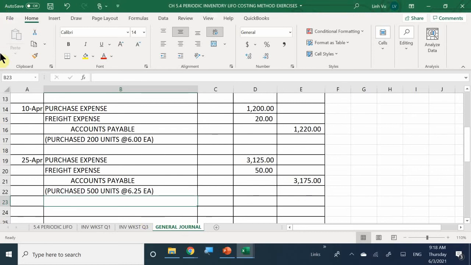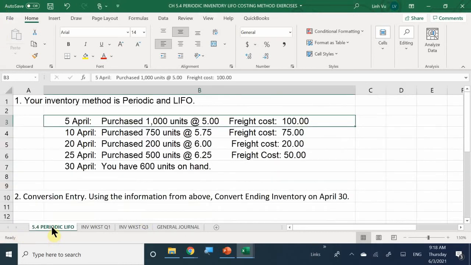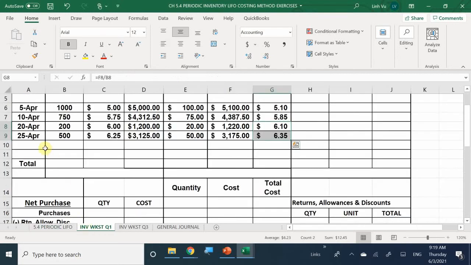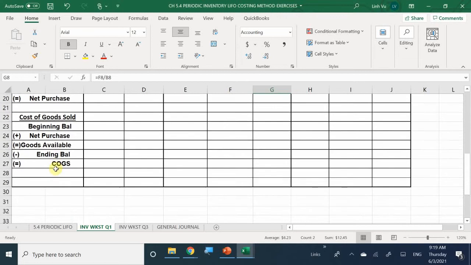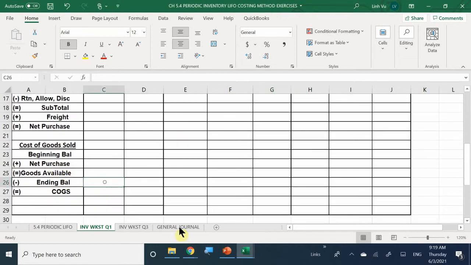So now that we completed that one, let's see what happened on April 30th. We had a total of 600 units on hand. So I'm going to drop down all the way to my ending inventory, because here I'm given that I have 600 units on hand. That's how much I have left.